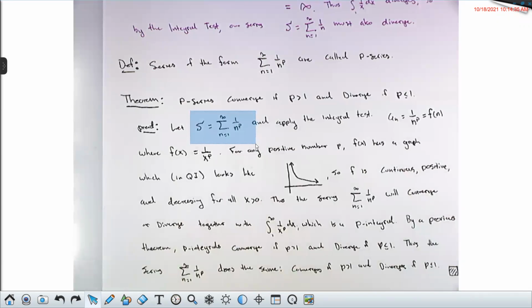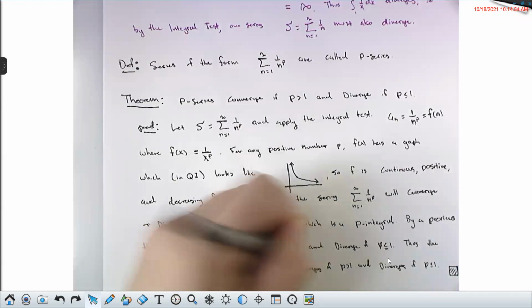So series like this, p series, by the integral test, do the same thing as p integrals. P integrals converge if p is bigger than 1 and diverge if p is less than or equal to 1.